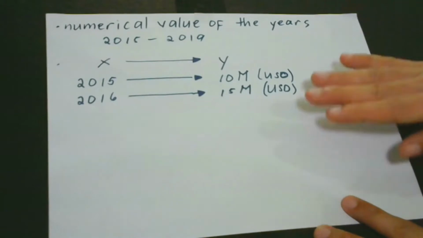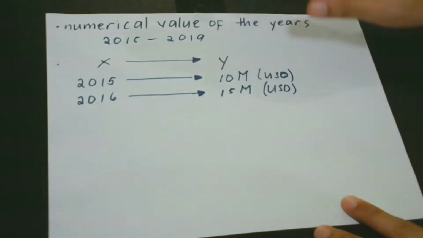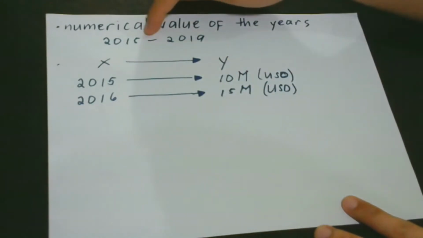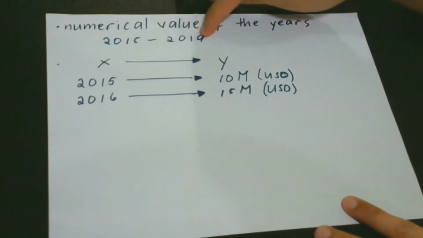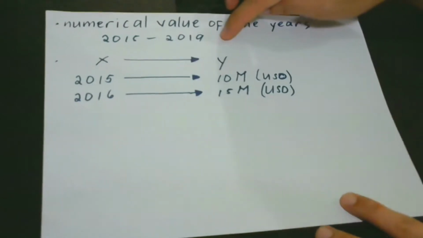For our attributes, let's use the numerical value of the years from 2015 to 2019. If you could remember, we had a problem which is about sales in millions of a certain company from year 2015 to year 2019.